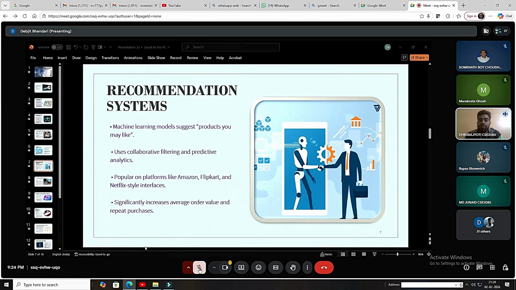They mainly use collaborative filtering, learning from similar users, and predictive analysis to make personalized suggestions. These systems are widely used on platforms like Amazon, Flipkart, and Netflix, where recommendations improve user experience. Overall, recommendation systems help businesses increase customer engagement and repeat purchases.